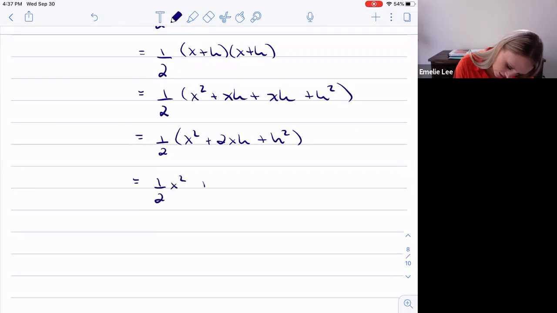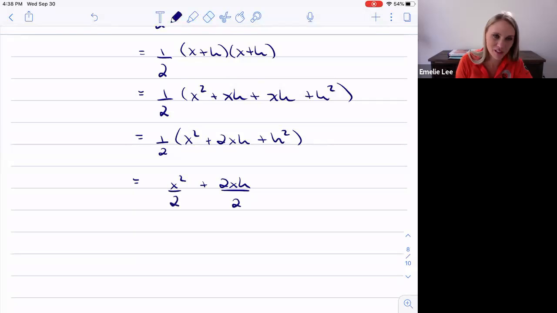1/2 x squared plus 2xh, I mix up my notation. 1/2 x squared and then 2xh over 2. They're the same. I know, bad. Actually, not that bad.